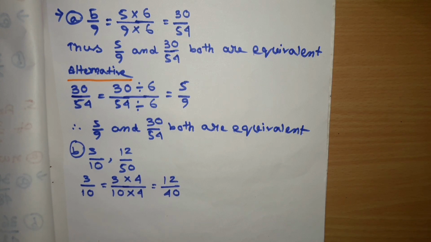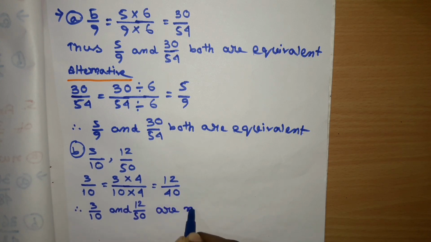This is the one process. Therefore 3 by 10 and 12 by 50 are not equivalent.